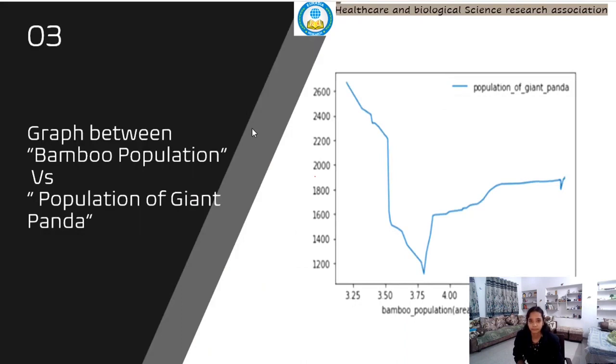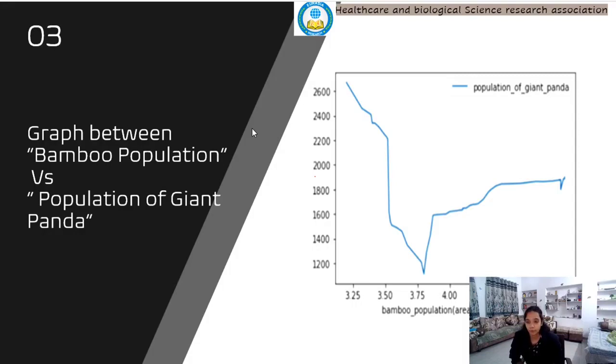So here in figure 3 we have the graph between bamboo population versus population of Zein panda. Here we have the data of population of Zein panda on the y-axis and the bamboo population data on the x-axis. In figure 3, the population of Zein panda gradually increases with increase in bamboo population.